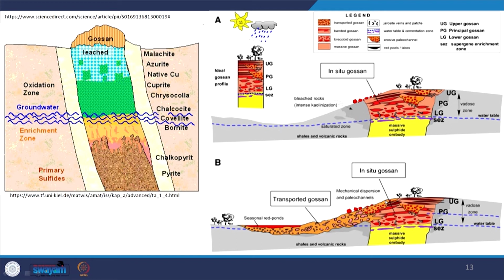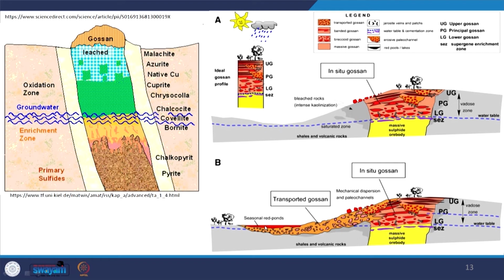Similarly, these gossans are eroded mechanically and transported downhill, and due to reaction with the water, near about waters, seasonal ponds, they become red in color.